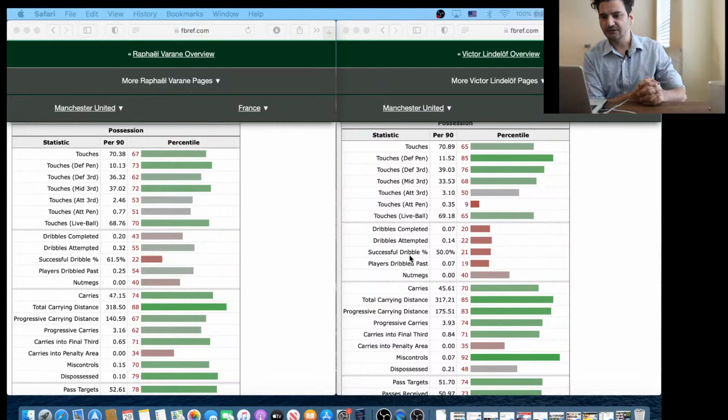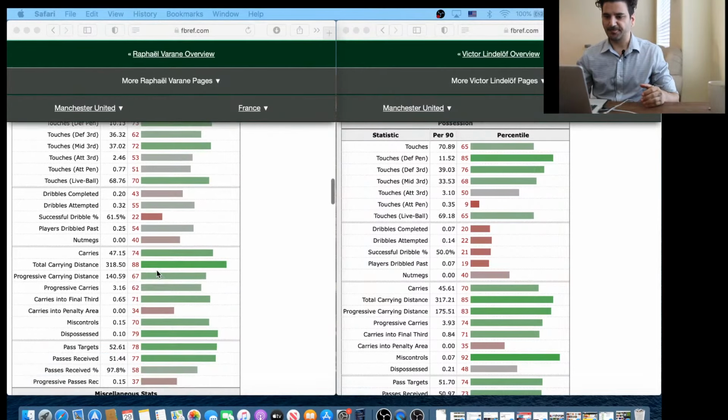Okay, so the first thing I wanted to go over is the ability to take on players, so as to open up spaces. When you're playing possession football, the other team sets up in a way where it's difficult to pass the ball forward. So in order to do that, you have to be able to take on a player to open up other spaces, and then other players have to come forward to fill that void, and then spaces open up for creativity.